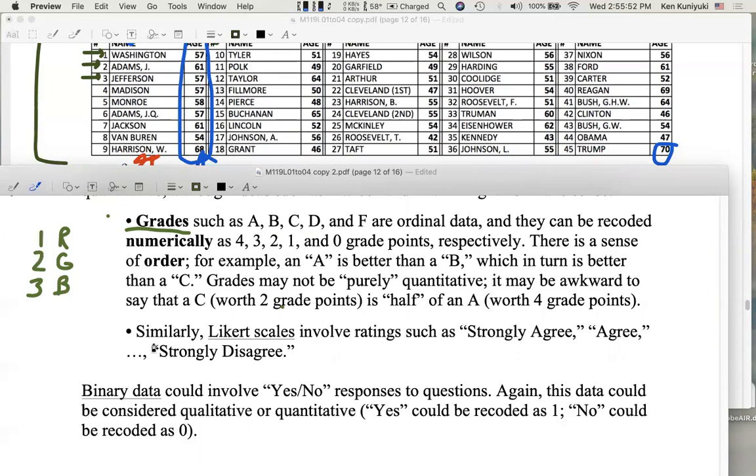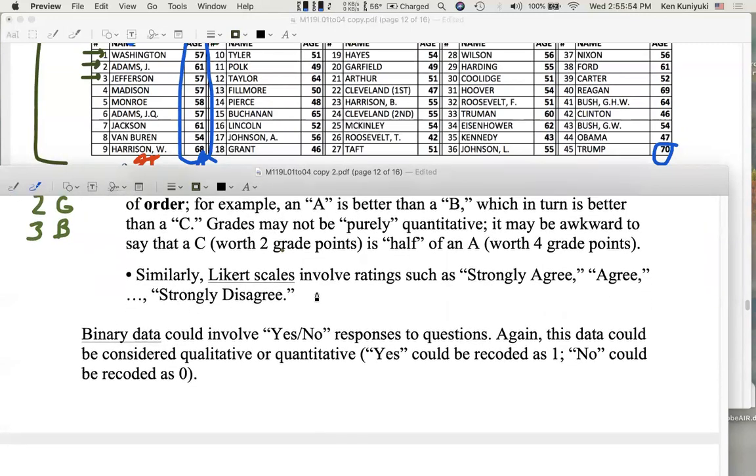So ratings. Likert scales. You've seen these in surveys. They involve ratings such as strongly agree, neutral, slightly disagree or disagree, strongly disagree.